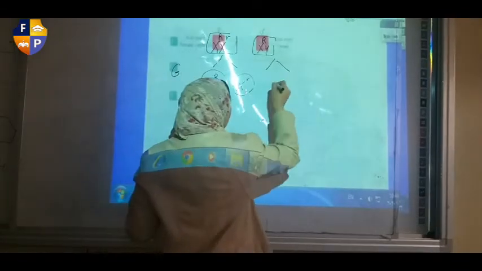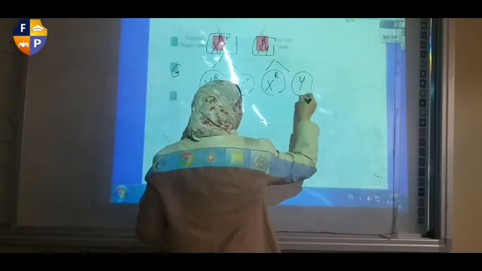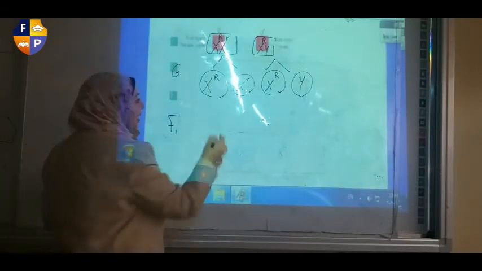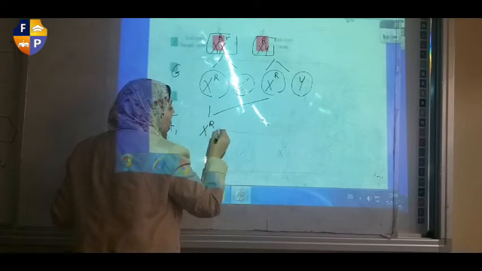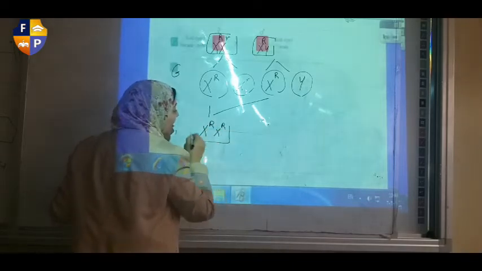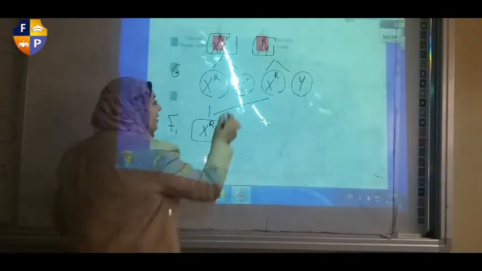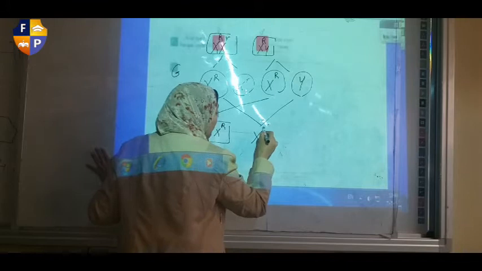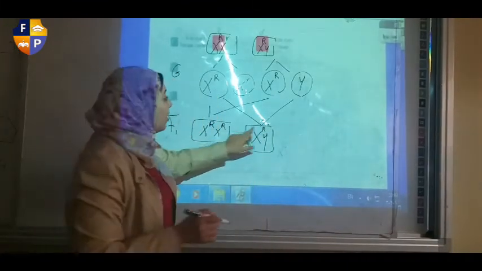The male produces two gametes also, XR or Y. During fertilization, it may be XR, XR. What is it? It is a female with red color. Yes. And also XY, it is a male, but it carries red colored eye.